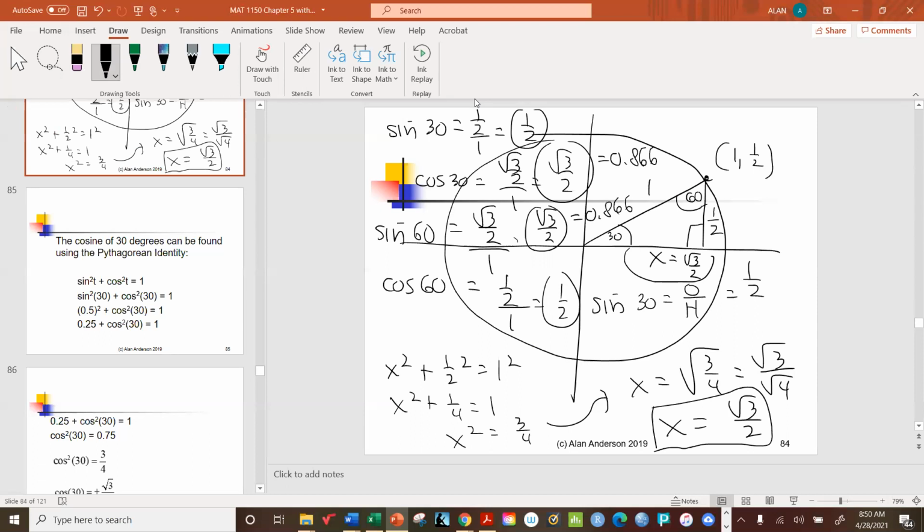So let me double check this real fast. I do have the high-end Texas Instruments calculator, and I'm going to double check what it says. It looks like the calculator only accepts radians, though, which is kind of weird.